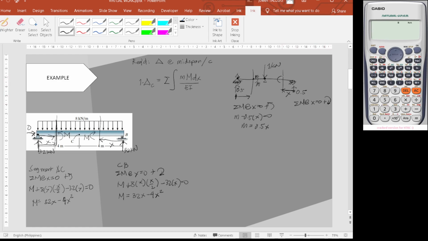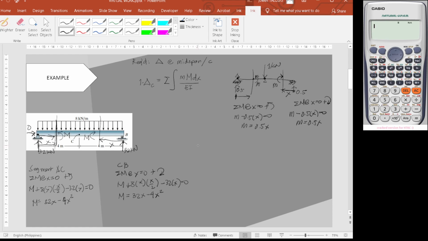We always assume positive moment, so M here will be positive, and then minus 0.5x is equal to 0, so m is 0.5x. Using the formula, we can now solve for the delta.